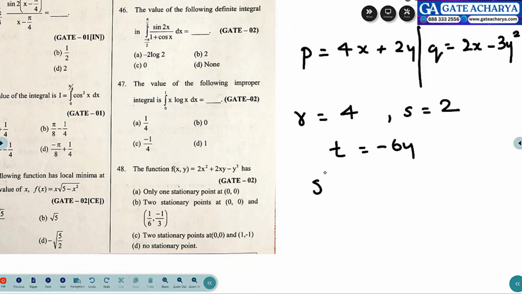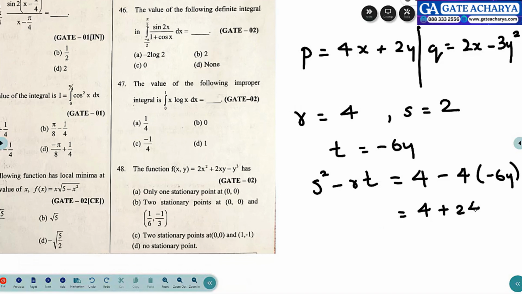So now s square minus RT, what is that? S is 2, so 4 minus 4 into minus 6y. If you simplify it, you will get 4 plus 24y. Now, since the point is 0, 0, when I put that in s square minus RT, what is the answer?